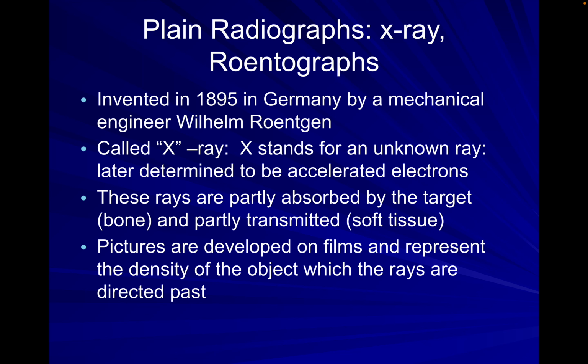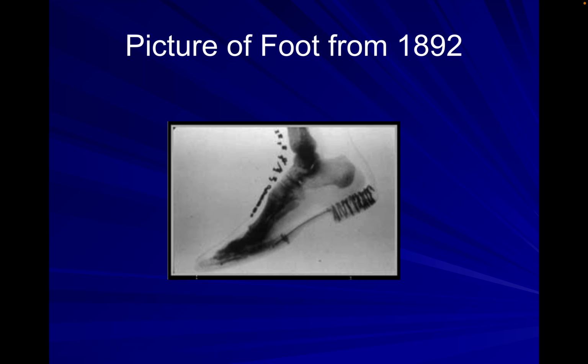Essentially, when these electrons are fired at an object, some of it gets absorbed and some of it passes through. The more dense tissue, like a bone, tends to absorb it, and the less dense tissue, like soft tissue, tends to transmit straight through, and you end up with the images that we know as an X-ray.